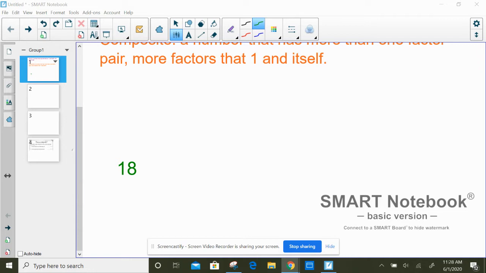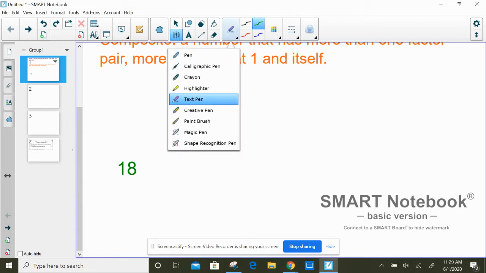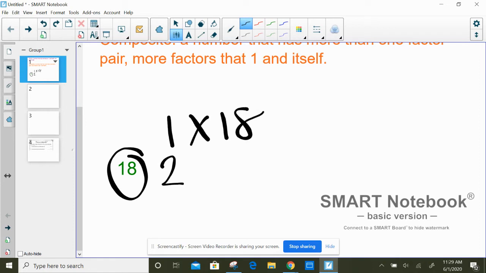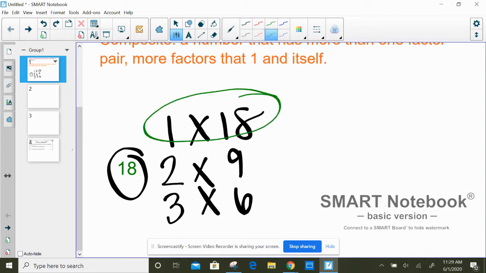For example, to create 18, you can do 1 and 18. You can do 2 and 9, 3 and 6. And so that means that there are 1, 2, 3 factor pairs.